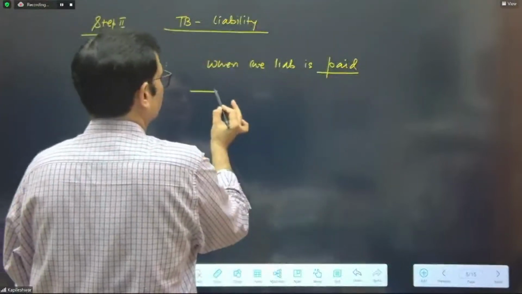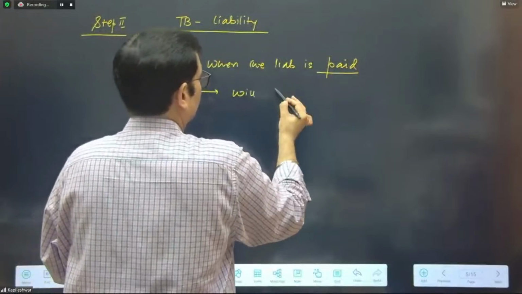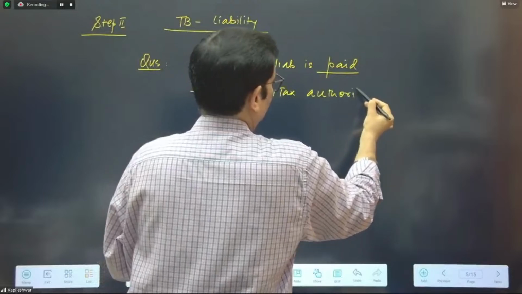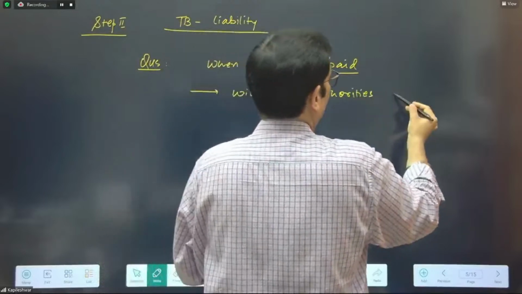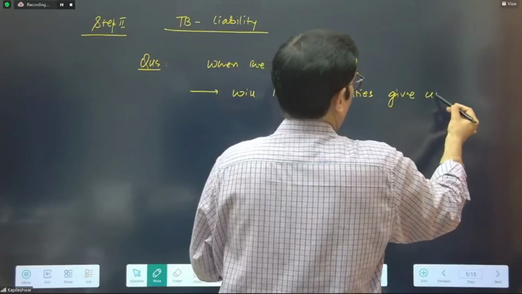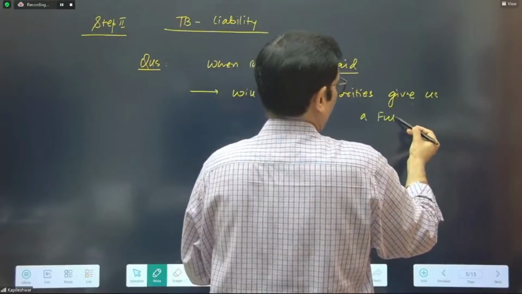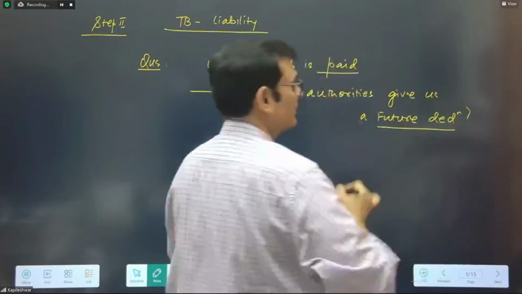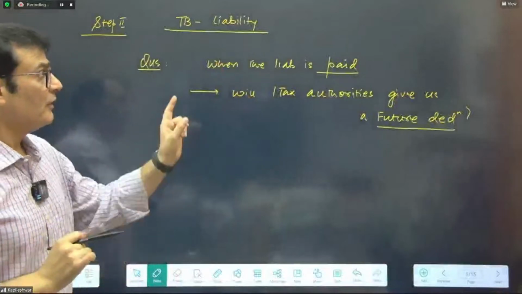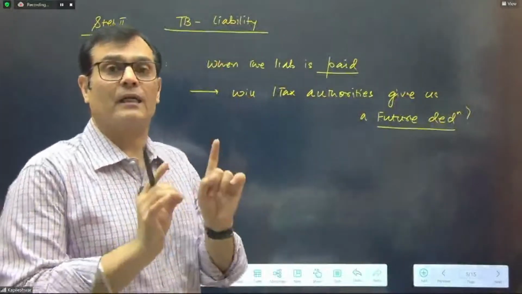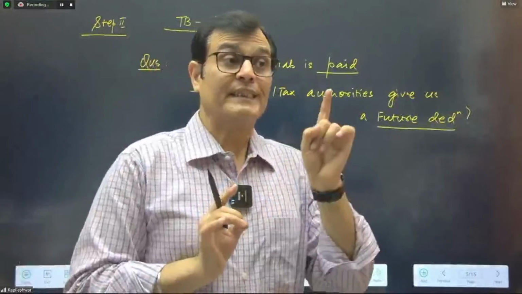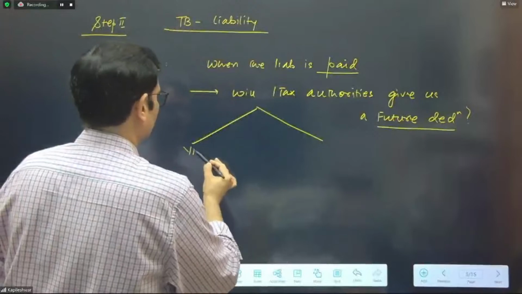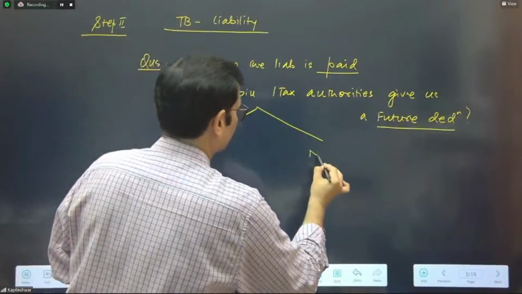So when the liability is paid, will income tax authorities give us a future deduction? Underline the words future deduction. So the chain is, when you are going to pay a liability, will the income tax give you a deduction? The answer is either a yes or a no.